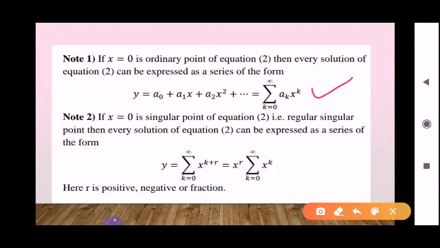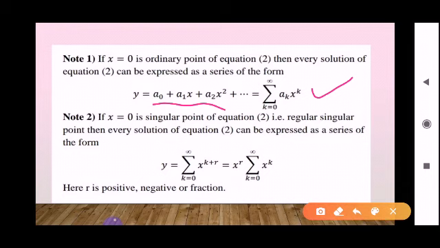First we have to check whether the point is an ordinary point or not. If x equal to 0 is an ordinary point, then we take the solution of that linear differential equation with variable coefficients as summation of ak into x raised to k, k varies from 0 to infinity, and if we expand this series for k equal to 0, 1, 2, 3, 4, then we will get this form.